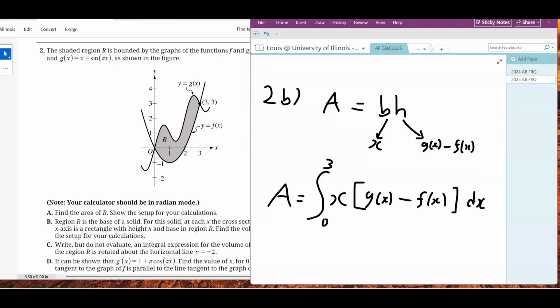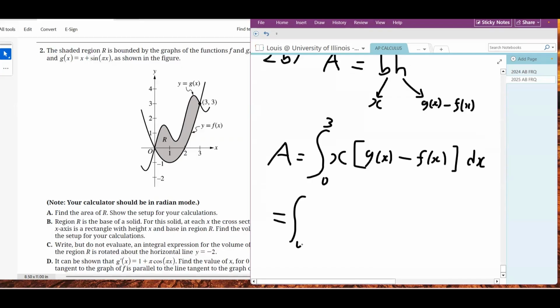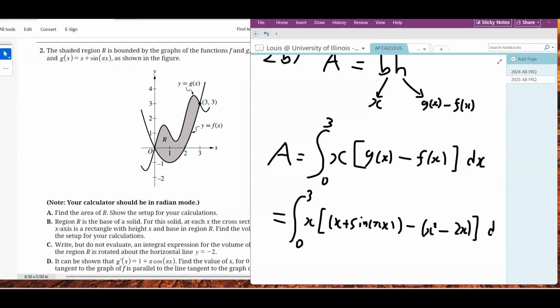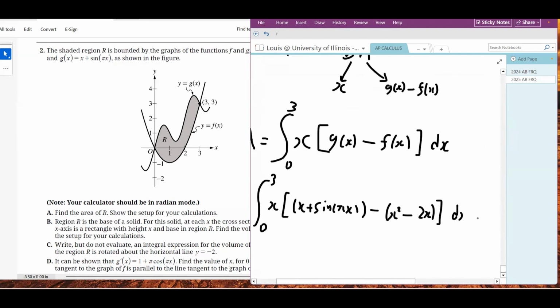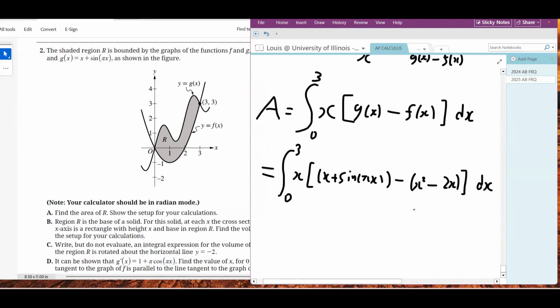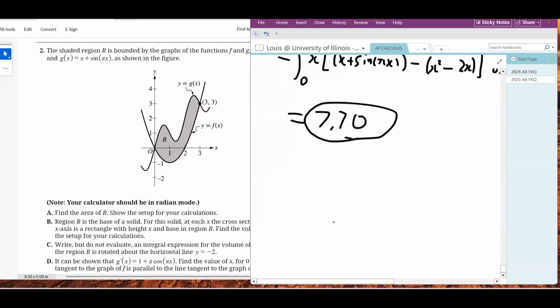And then I'm going to write it again here: x plus sine pi x minus x squared minus 2x, and then say dx. Oops, sorry. And then if I punch all of this in my calculator, I'm going to get 7.70. Okay.